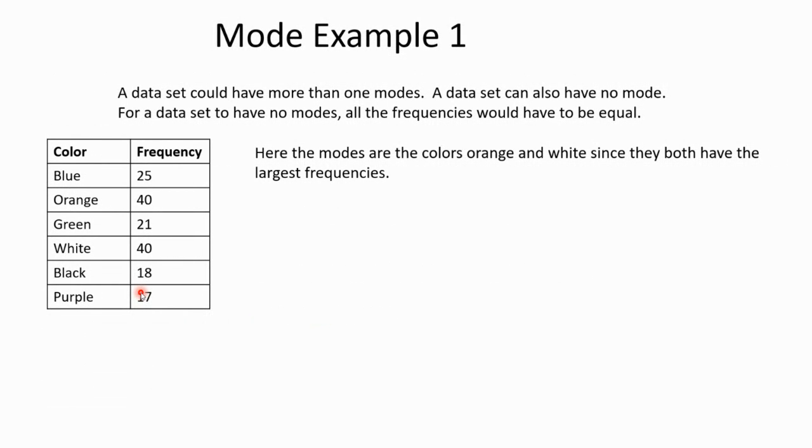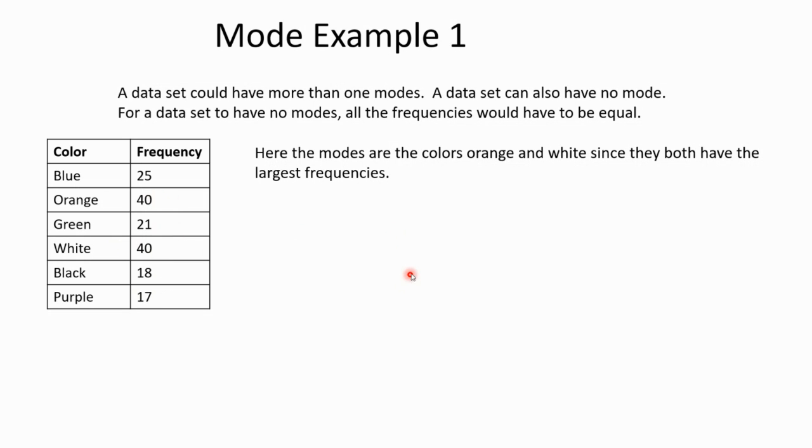Now, here's another example. I think I might have even done this last time. But with the mode, you can actually have more than one. Namely, here, orange appears the most frequently, but so does the color white, as you can see. So there's two modes here, because there's two colors that appear the most frequently.